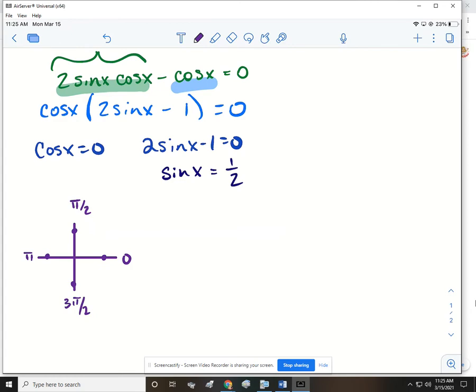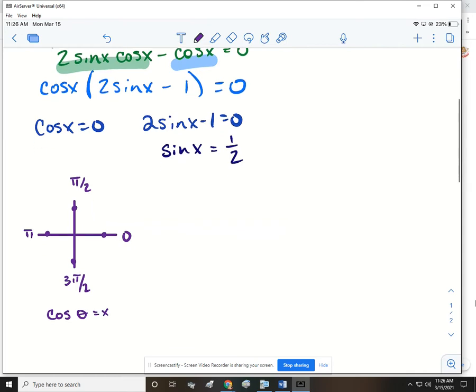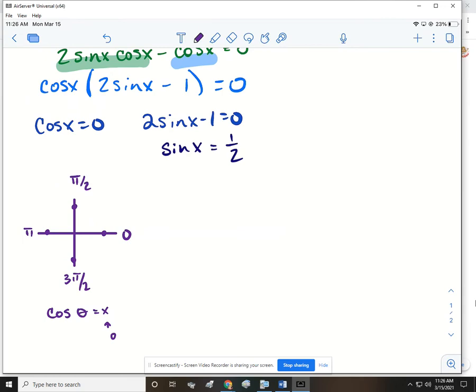And when we're getting the cosine from the quadrant angles, I use the x coordinate. So I want an x coordinate that is 0, right? And the ones that have an x coordinate of 0 are pi over 2 and 3 pi over 2.